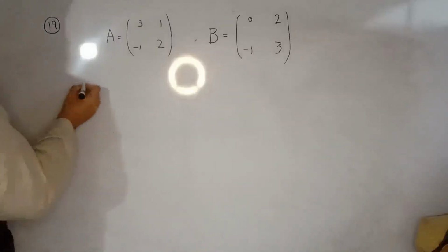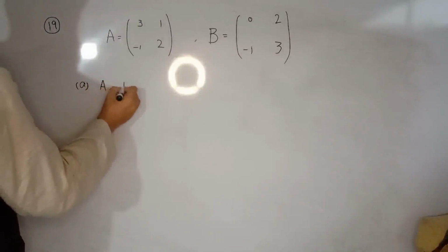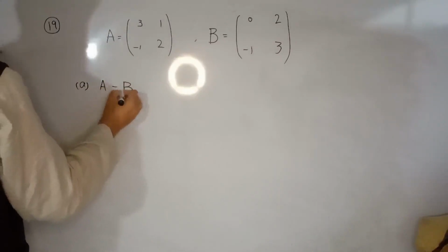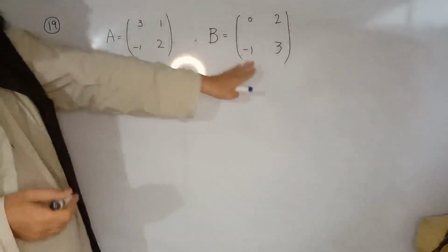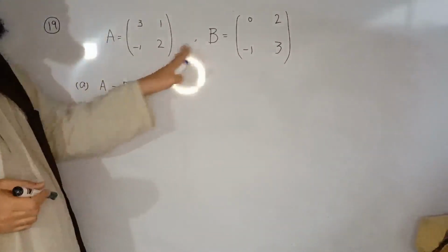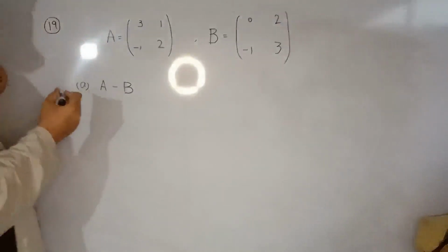Question part A is find A minus B, the subtraction of matrices. Simple. When we have to subtract two matrices, they should have the same order. The order of this matrix is 2 by 2. The order of this matrix is also 2 by 2, so they can be subtracted.